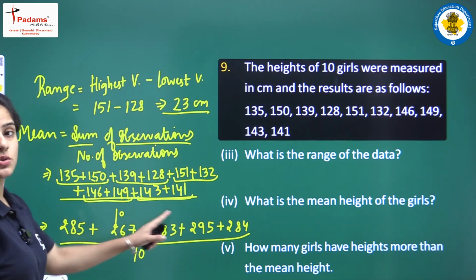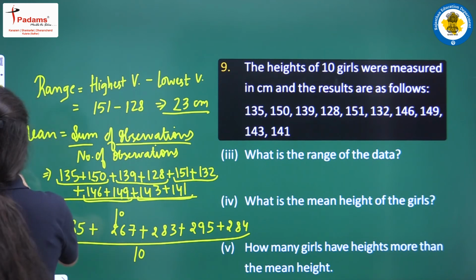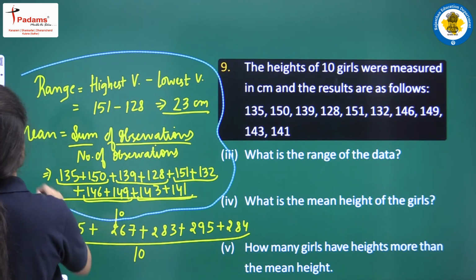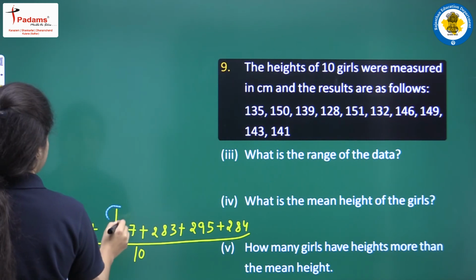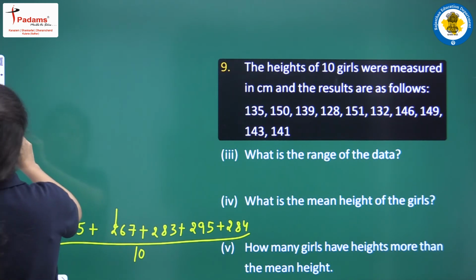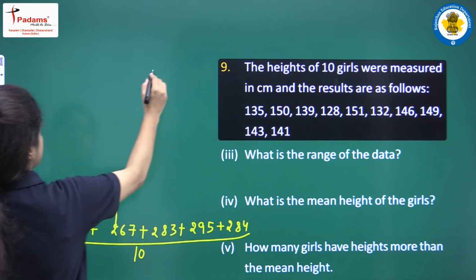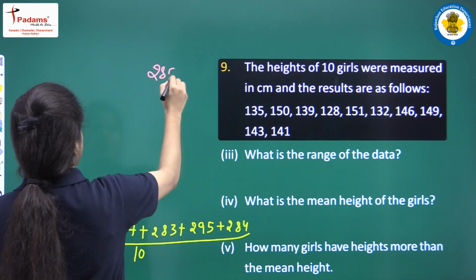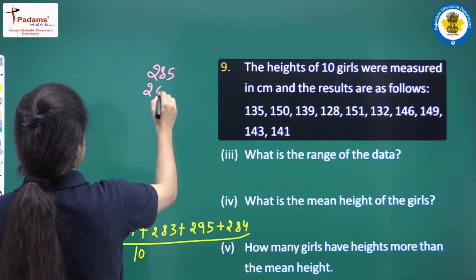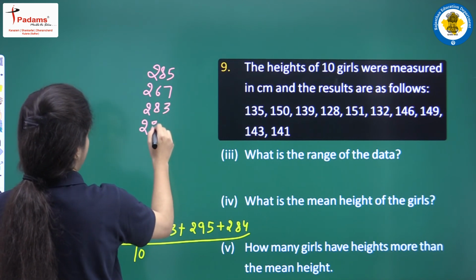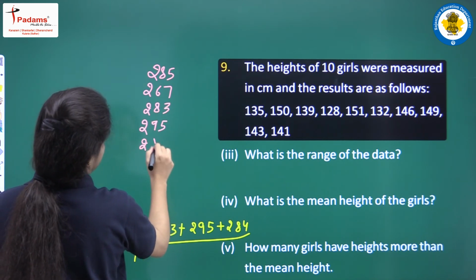Alright students, we need to add these things. I have just erased this. Now we'll be adding these: 285, 267, 283, 295 and 284.